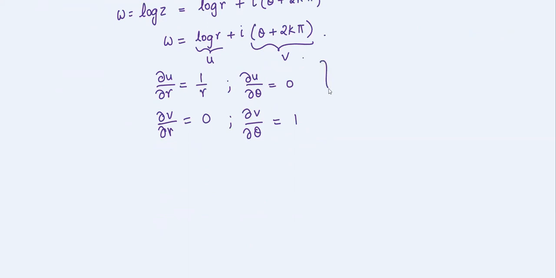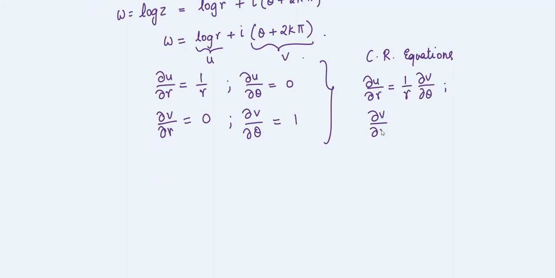So what are Cauchy-Riemann equations? Dou u by dou r is equal to 1 upon r times dou v by dou theta, and dou v by dou r is 1 upon r dou u by dou theta.